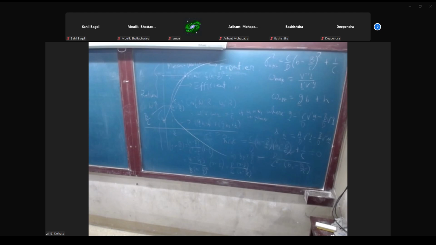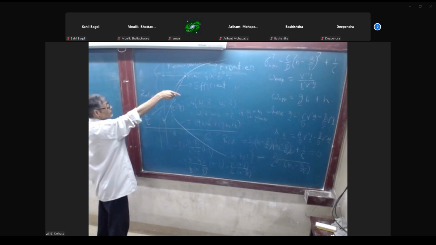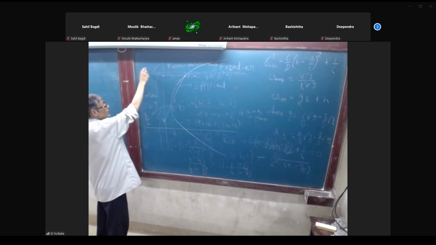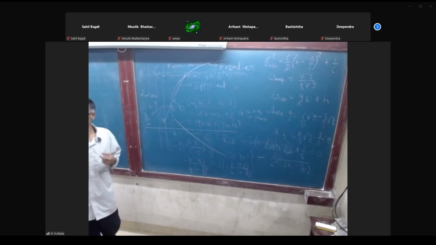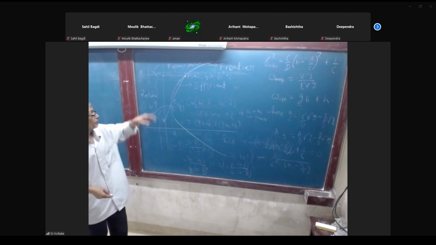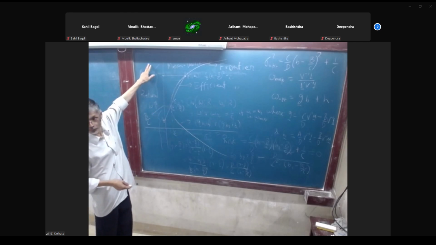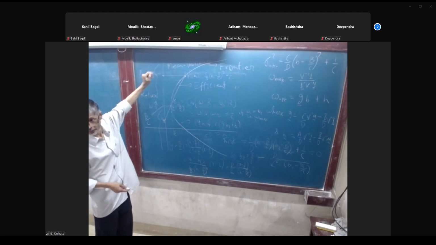When you say B1, it should be on the same side, right? The hyperbola looks like a B1 versus B2 graph, limited to this portion. So if B1 is this side, then B2 is also this side, right?